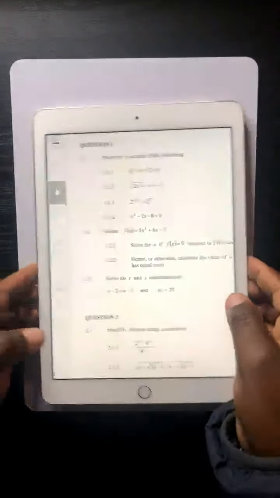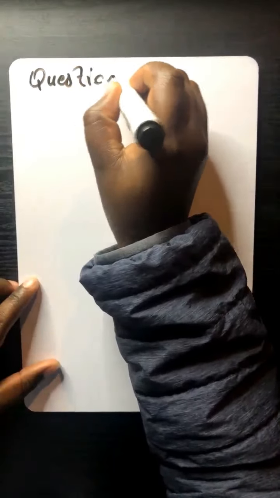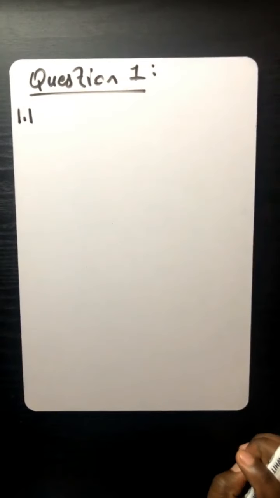Remember, guys, at all times you are advised to start each new question on a new page. Most importantly, follow the numbering system used in the question paper.